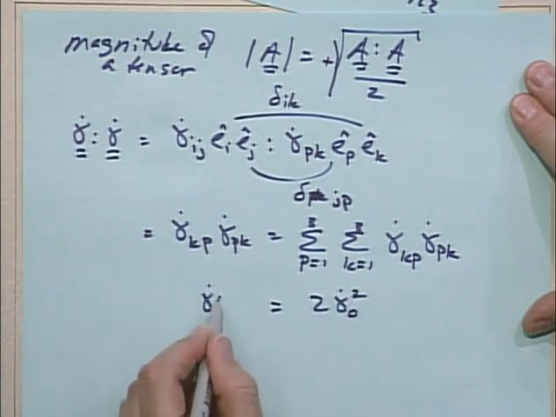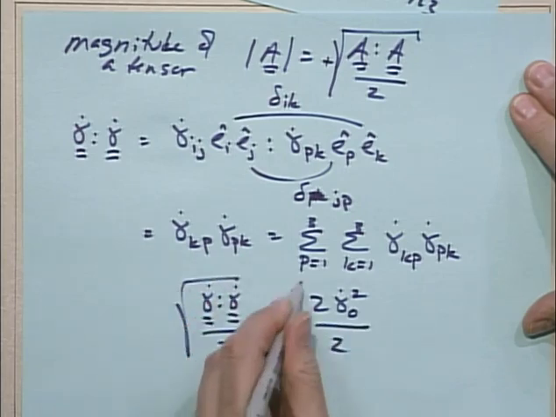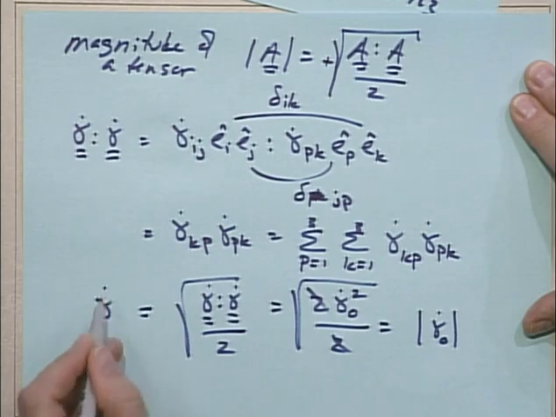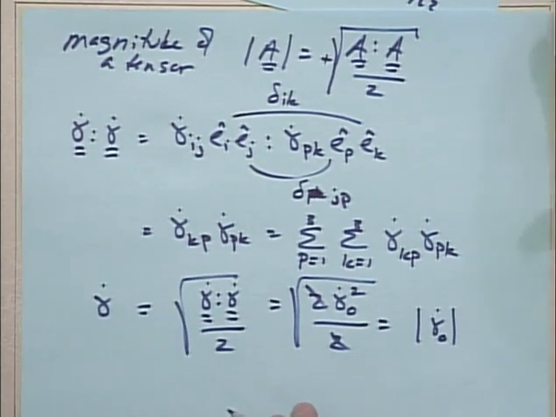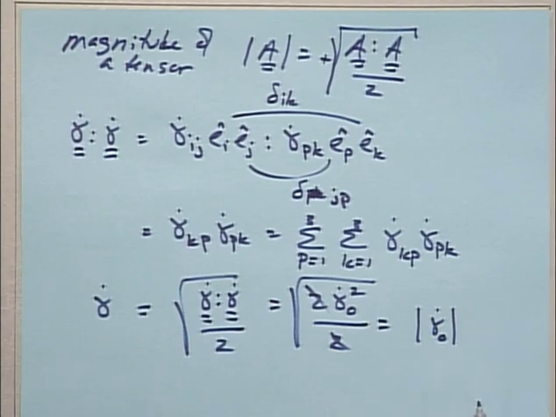That's gamma dot double dot gamma dot. If I divide it by 2 and take the square root, I get the absolute value of gamma dot naught. So that quantity, when we write it just as this, gamma dot, is the magnitude of the tensor gamma dot. And in the case of steady shear flow, that's equal to the absolute value of the shear rate.